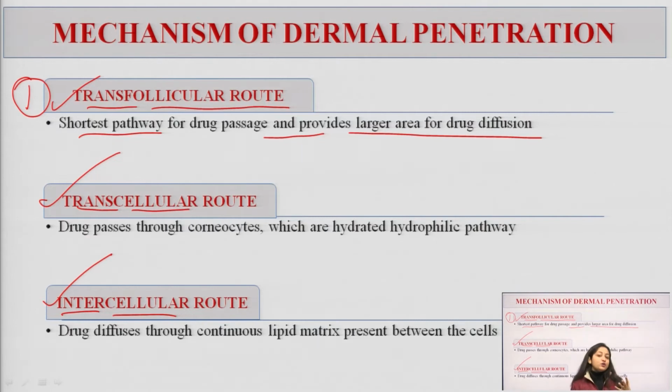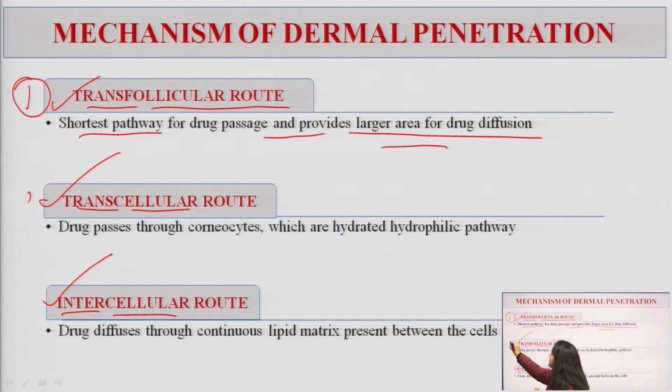So, if we want to produce a fast and quick action, the thing that is going to give a rapid action is the transfollicular pathway. It is the shortest pathway, and at the same time it has a very large area for diffusion, because until and unless diffusion occurs, we are not going to get the biological response. So, that is all about your transfollicular pathway.